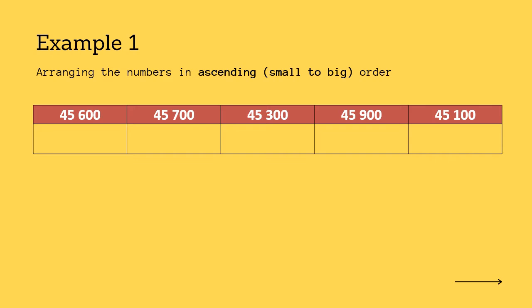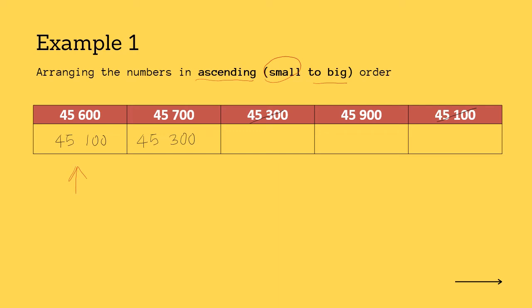So as the answer, remember, let me just highlight it right over here. We want to arrange the numbers in ascending order from small to big. So the first number that goes in here is the smallest number, which is 45,100. So you can scratch that off from the list. The second smaller number is 45,300.